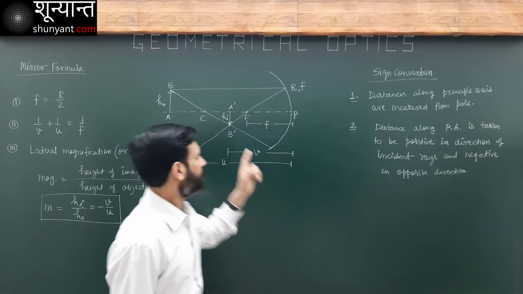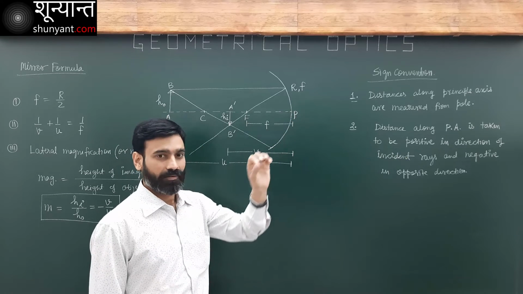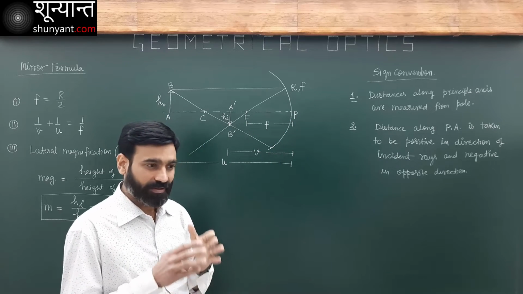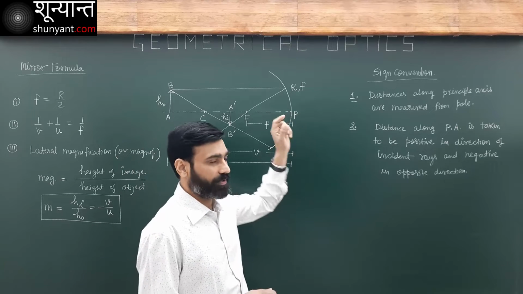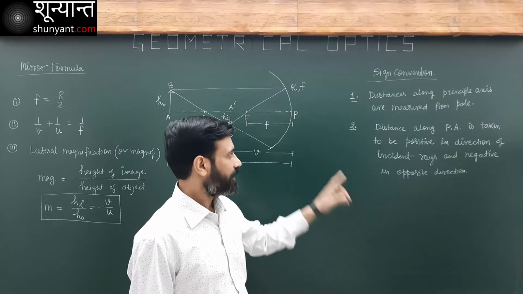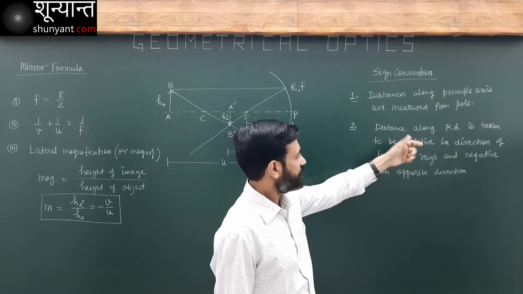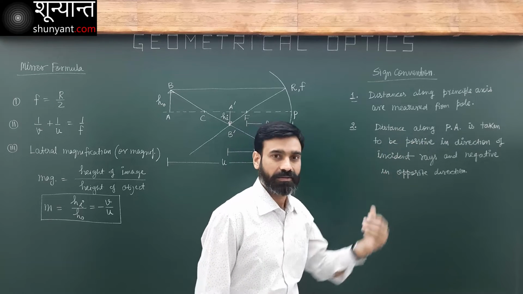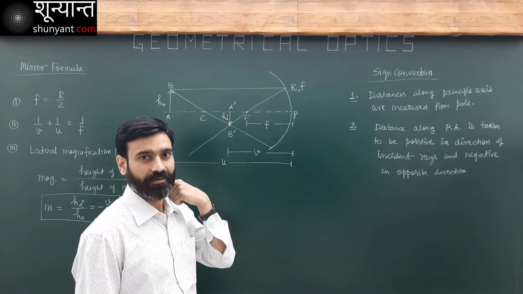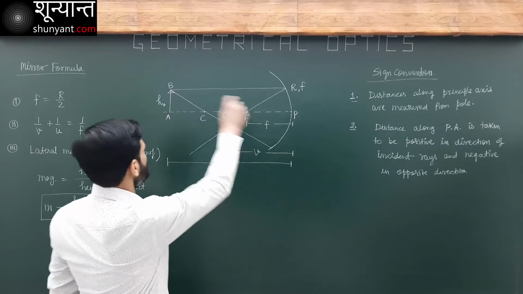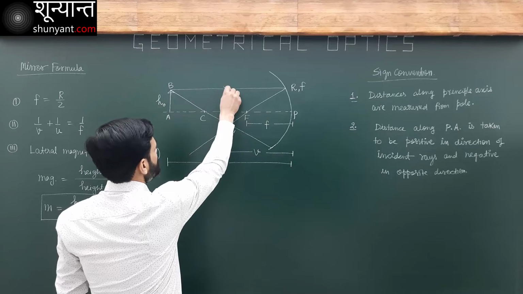First convention, along the principal axis, all the distances I will measure from the pole. Then, distance along the principal axis is taken to be positive in the direction of incident rays. Now, what does that mean? This is my object. These are the incident rays.